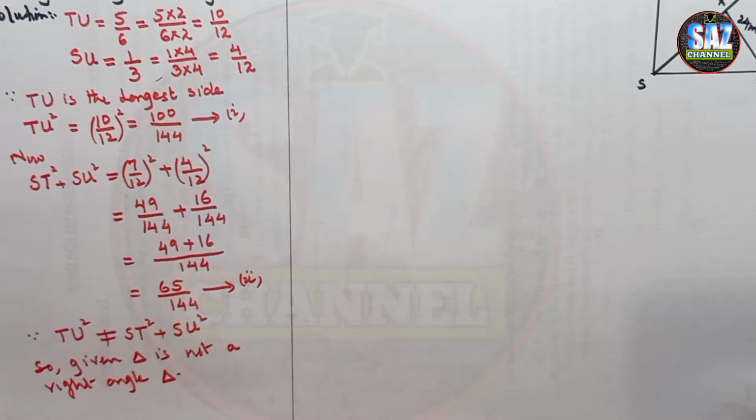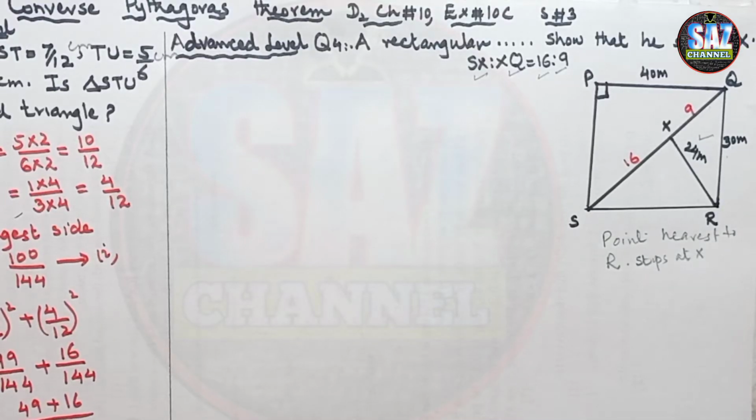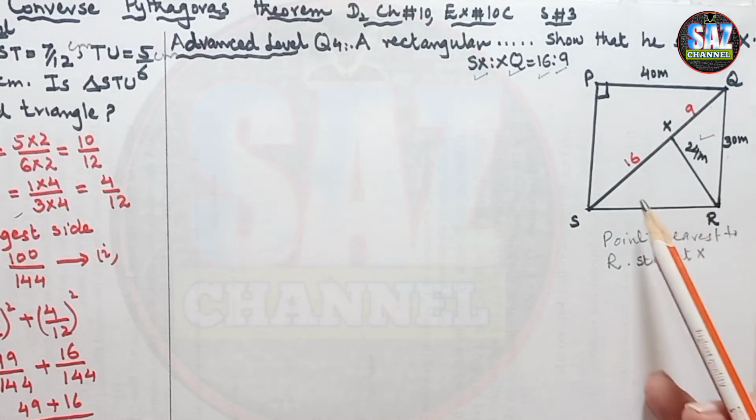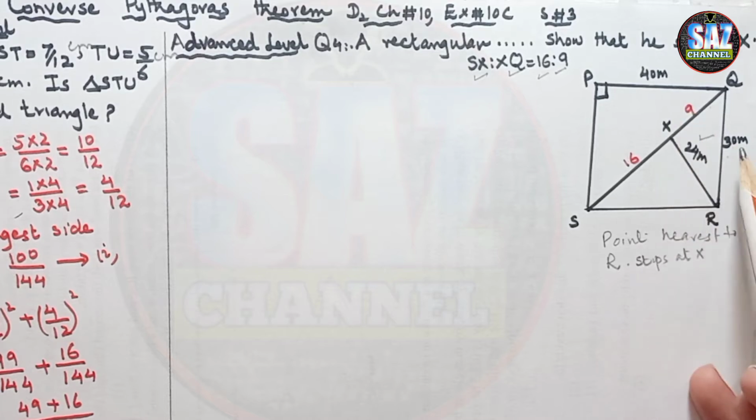Very easy question. Let's move to the next question, and let me read it from the book. Question 4 says, a rectangular grass patch PQRS has sides 40 meters by 30 meters.